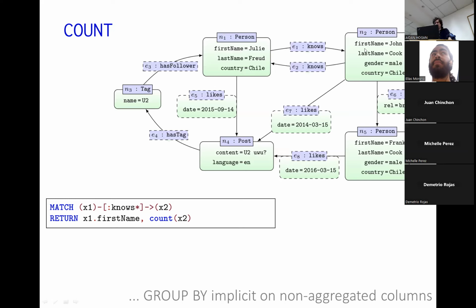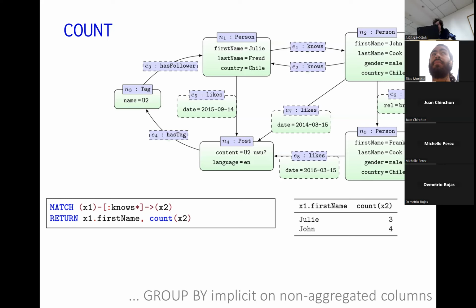So Julie would know John and Frank and Julie. So it would be Julie 3. And then John would know Frank, John, and Julie. So 3. And Frank is 0 or doesn't appear. Will not be a result. He'll be missing from the results. So we'll get Julie 3 and John 3.